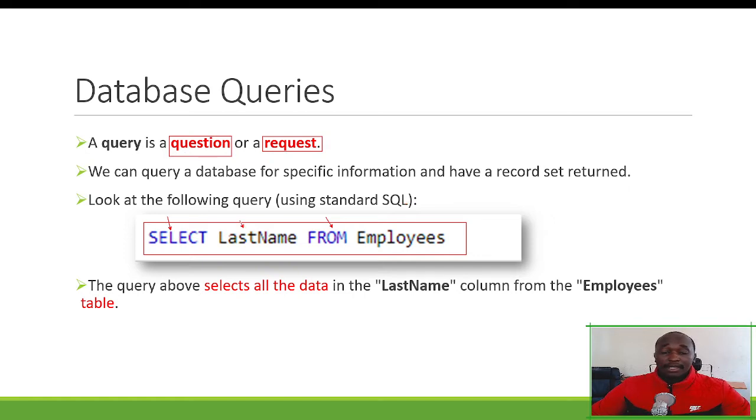Then this is the column name that we want to retrieve, and this is the table name. So this is just a query to select all data from the table employees, specifically just the column last name. That is what this query or request will achieve.